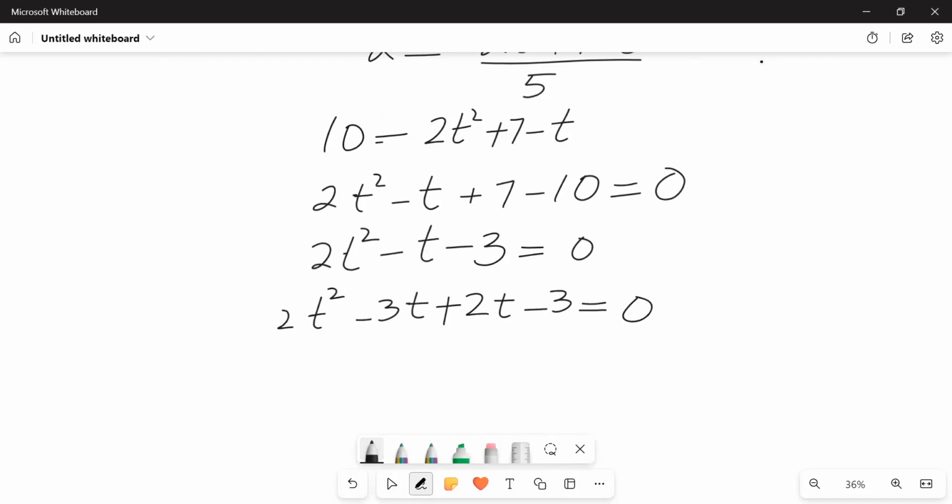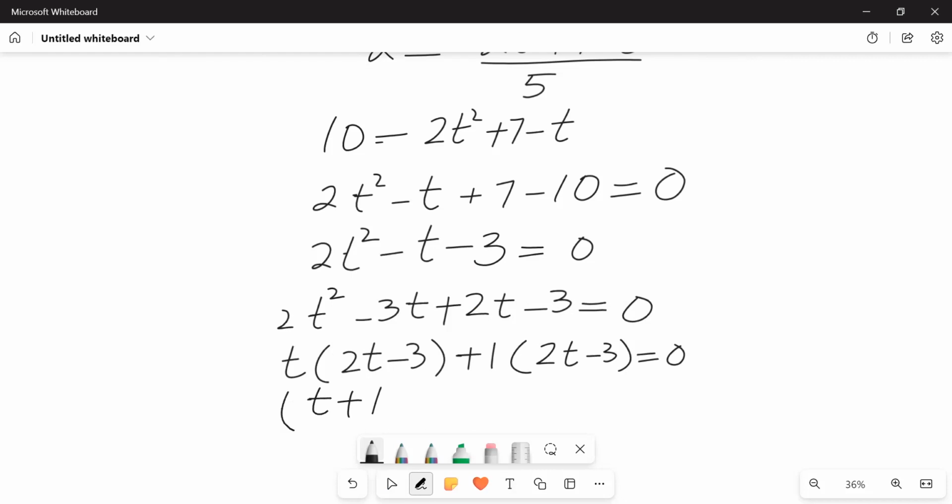It will be t plus 1 and 2t minus 3 is equal to 0.